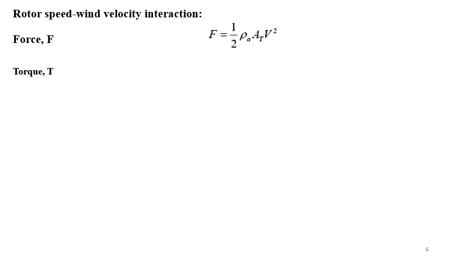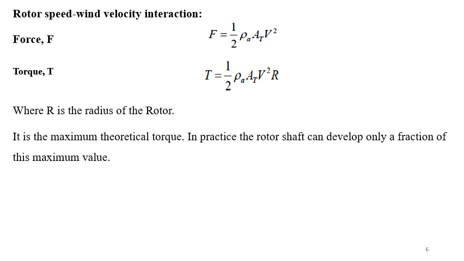Then we can calculate the torque, which is equal to F into R. So if the value of F is equal to half rho A_t V square, substituting that we will get half into rho A_t into V square into R, where R is the radius of the rotor, so it is the maximum theoretical torque.